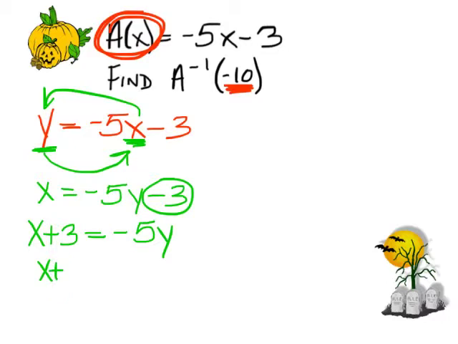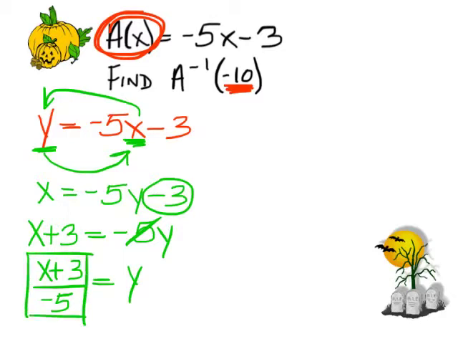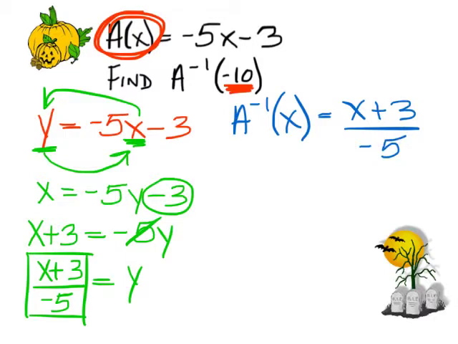When you do that, you're going to have x plus 3 over a negative 5 here. And then on the right, it is simply y, because this would have been canceled out. This represents the inverse of a of x. So you would write it like this. Inverse a of x, x plus 3 over a negative 5.